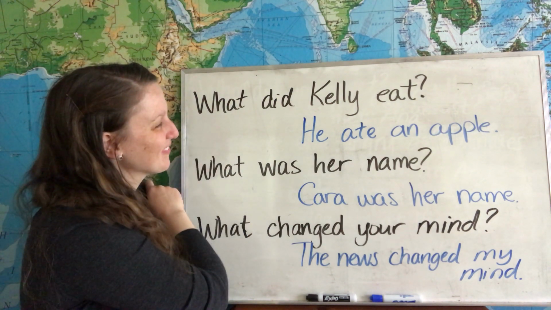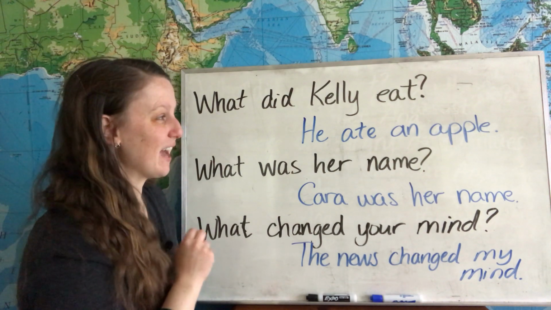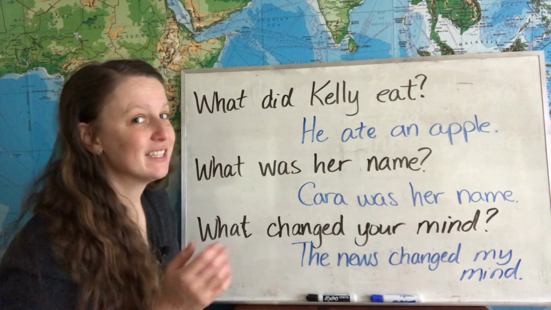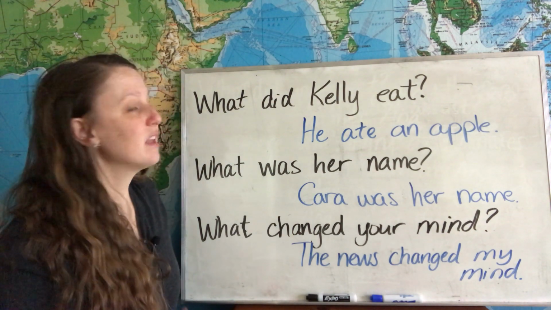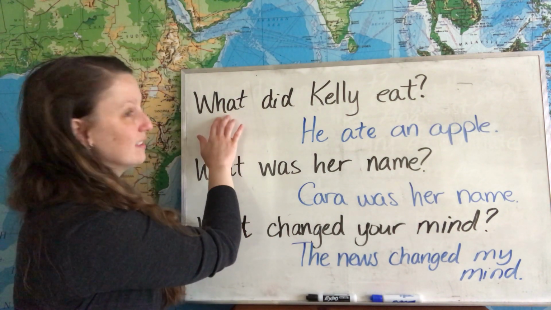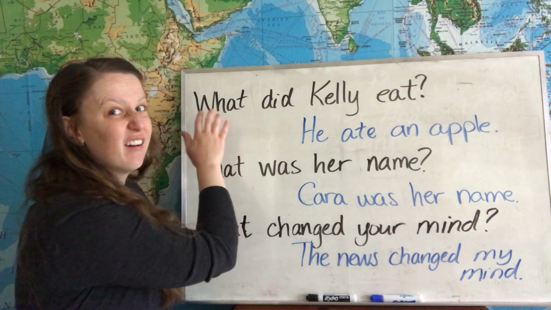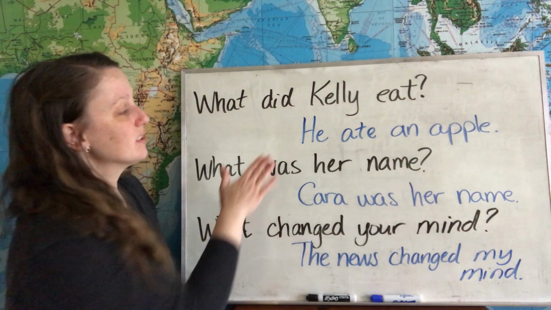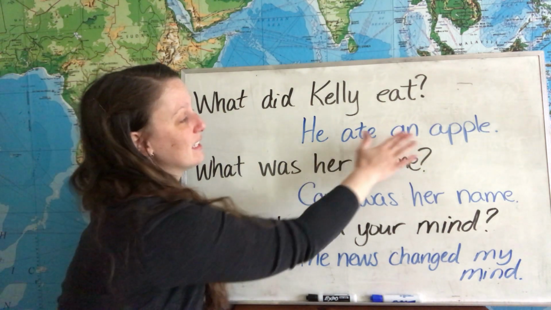Kelly is the subject. So if Kelly is the subject, then what is the object? Okay? The second way you can figure it out is to look at the answer to the question. He ate an apple. Now remember, what takes the place of the answer, the thing, the apple. So in this sentence we have he ate an apple.